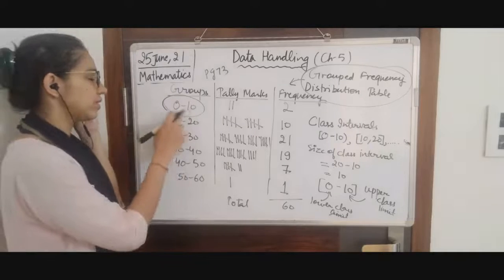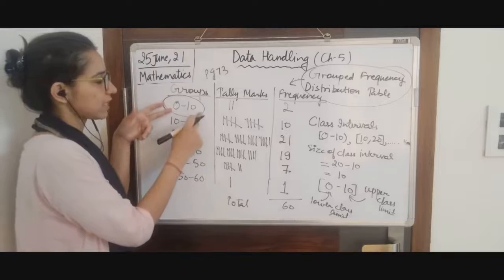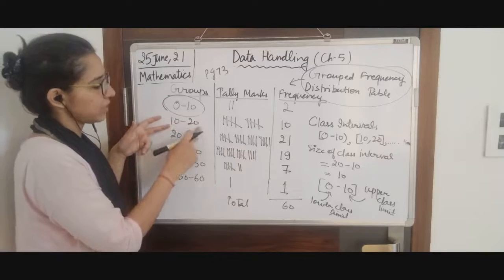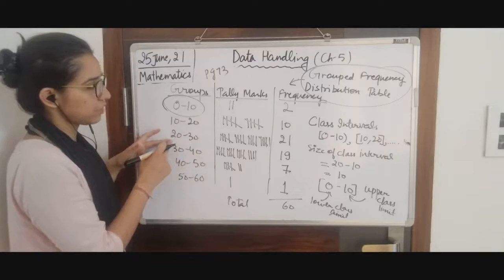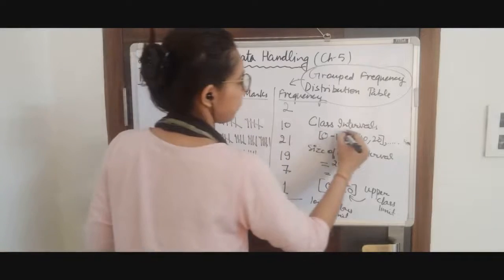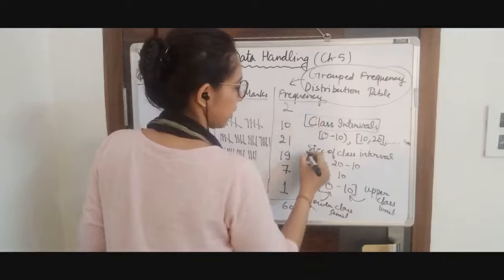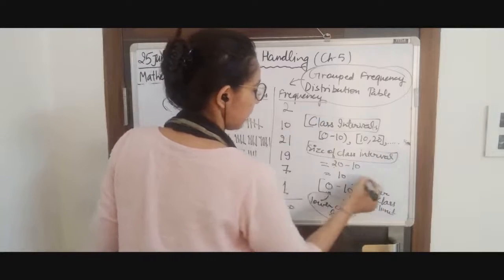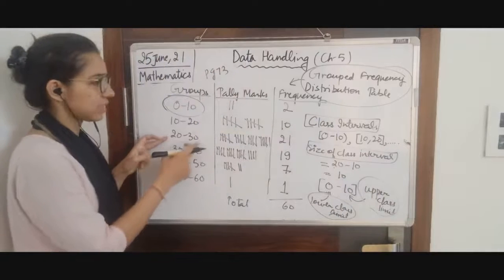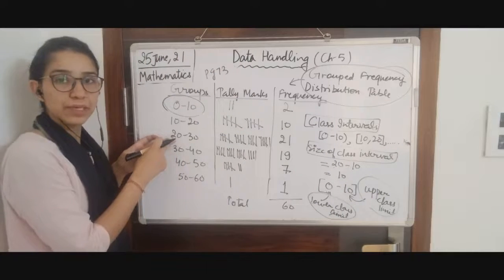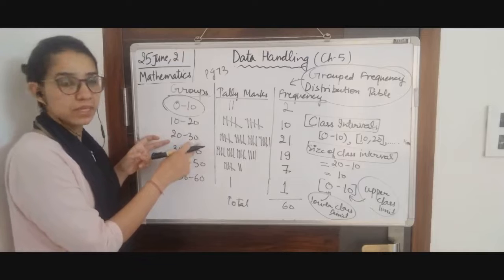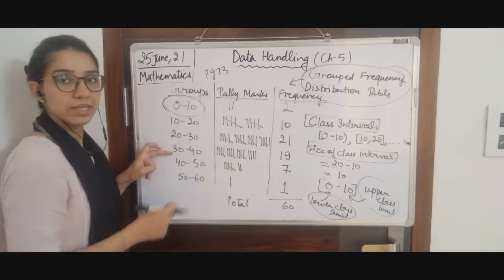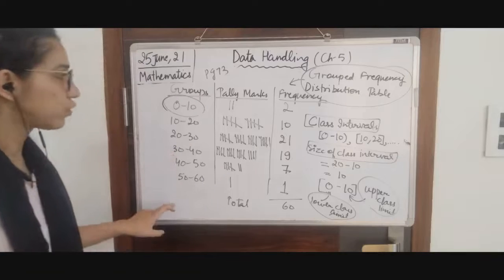So in this, lower class limit is 0, upper class limit is 10. In this, lower class limit is 10, upper class limit is 20. In this class interval, lower class limit is 20, upper class limit is 30. In this, lower class limit is 30, upper is 40, and so on.